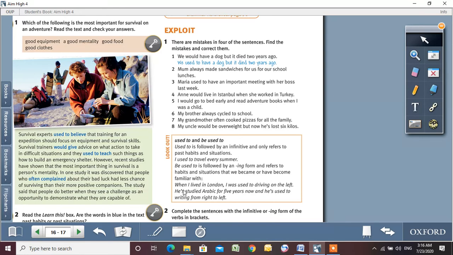For example, when I lived in London, I was used to driving on the left. So I became familiar with driving on the left. The other example: he has studied Arabic for 5 years now and he is used to writing from right to left. He is accustomed to it.